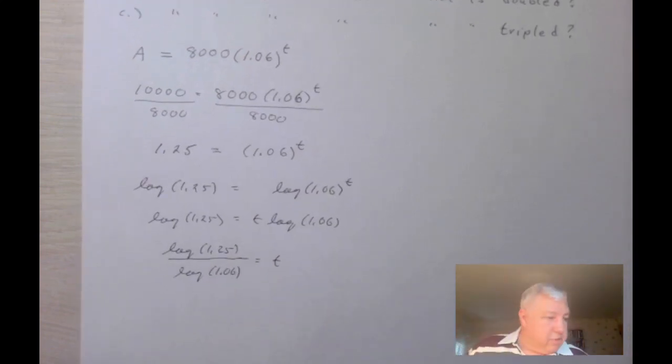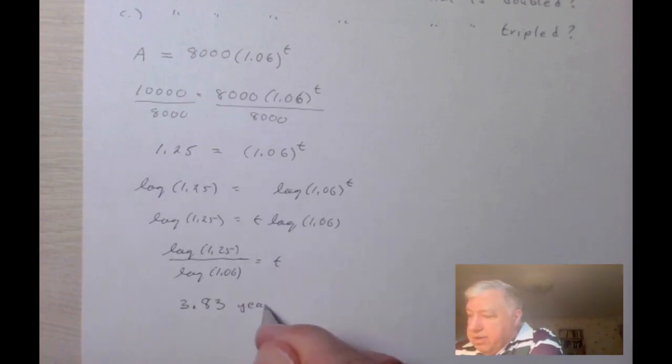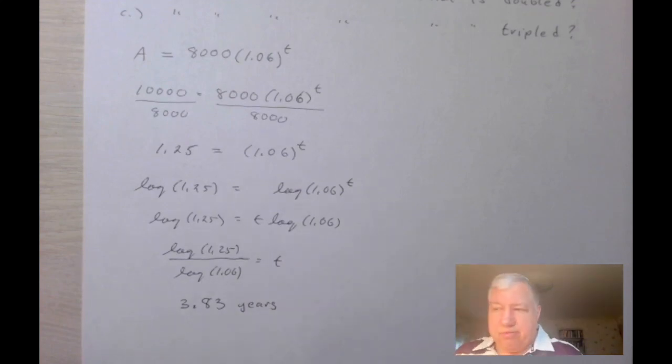We use our calculator to find this, and it is approximately 3.83. So it would be 3.83 years for it to reach 10,000.